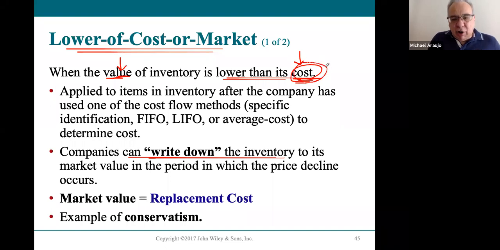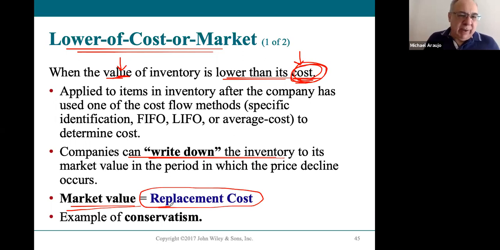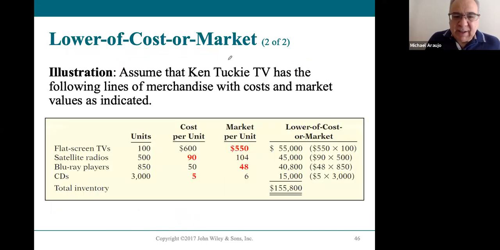So they look at the cost of the inventory, but they also look at what the market value of that inventory is today. And market value simply is, if they went out and bought it again today, what would be the replacement cost? And simply, in order to make sure that they are being conservative with their numbers, they pick the lower of those two numbers. Okay, sounds confusing. Actually, it's quite simple.